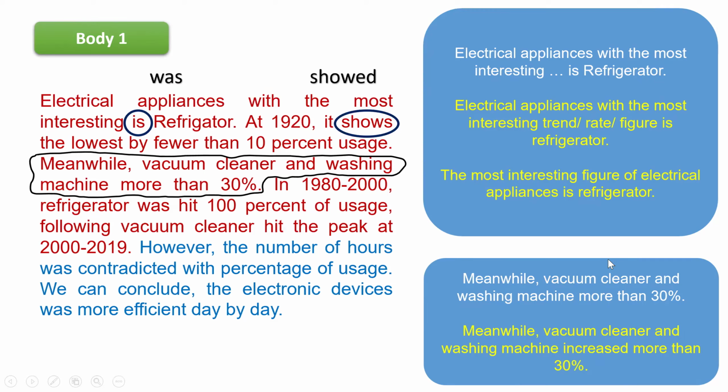Sedangkan vacuum cleaner dan mesin cuci lebih dari 30%. Apanya yang lebih dari 30%? Karena tidak ada kata kerjanya, kalimat ini menjadi tidak lengkap. It would be better if you say, meanwhile, vacuum cleaner and washing machine increased more than 30%. Jadi pastikan ada verb di setiap kalimat.